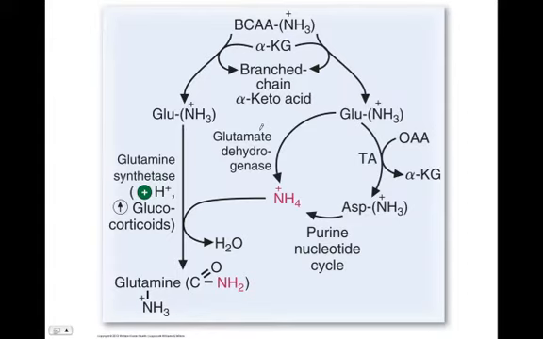The second site of amino acid catabolism we're going to talk about is the skeletal muscle. Within the skeletal muscle, the catabolism of branched-chain amino acids plays a primary role in this inter-organ relationship. Branched-chain aminotransferases are highly expressed in all tissues except for the liver. These enzymes transaminate branched-chain amino acids to alpha-ketoglutarate, generating the alpha-keto acid and glutamate.